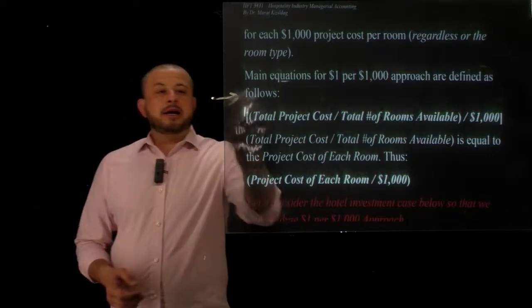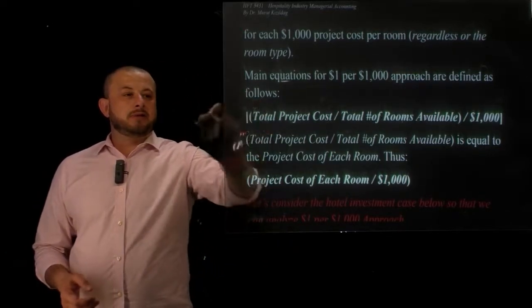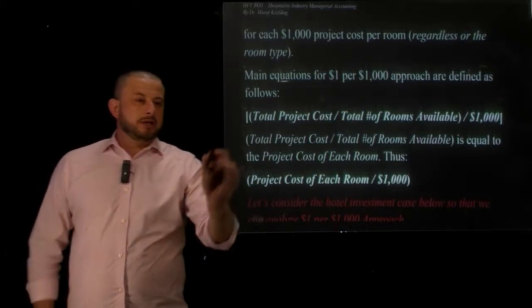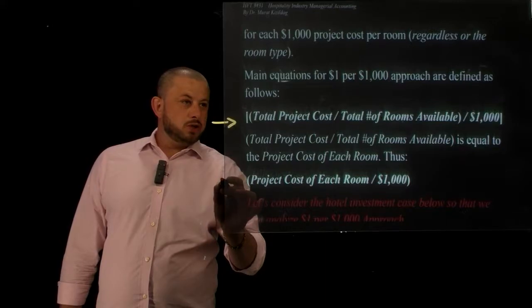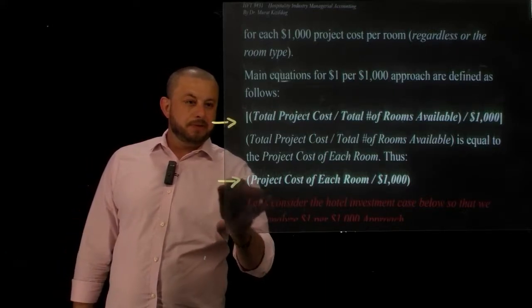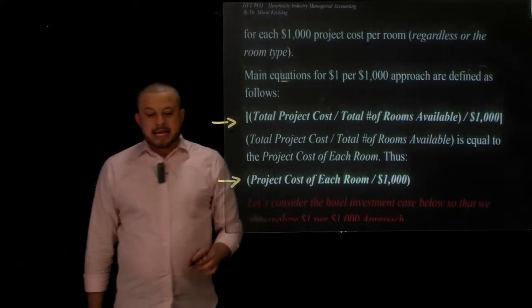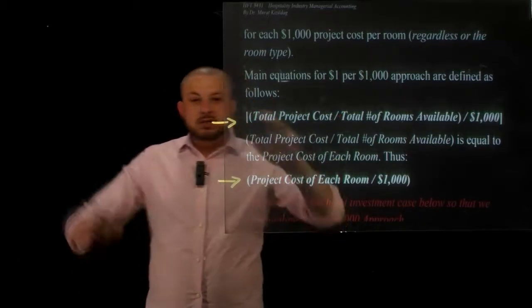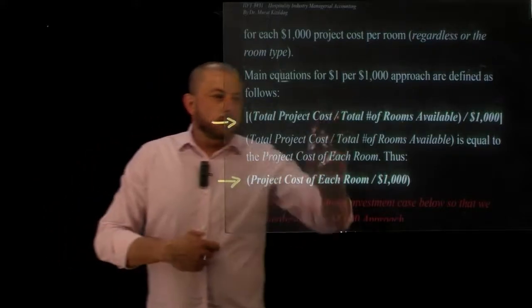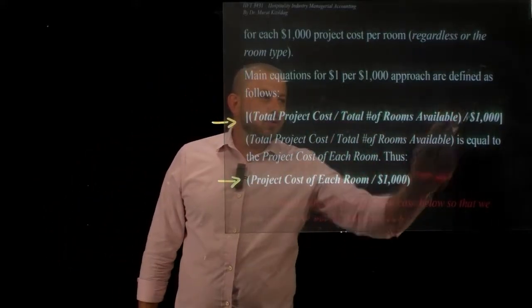Okay, so there are two equations that we have to deal with. The main equation is right here, and we have another main equation which is right here. Total project cost, which is the entire investment cost, over total number of rooms available, over $1,000.